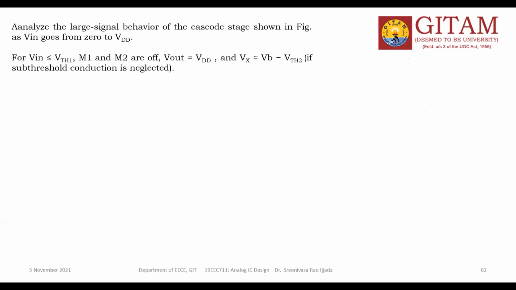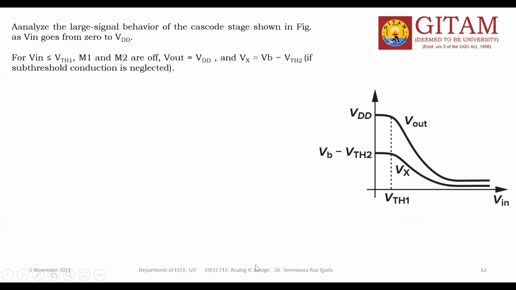Now, analyzing the large signal behavior. Whenever Vin goes from 0 to VDD, this is my voltage characteristic, input voltage versus output voltage. For example, my input voltage is 0 in the previous circuit.